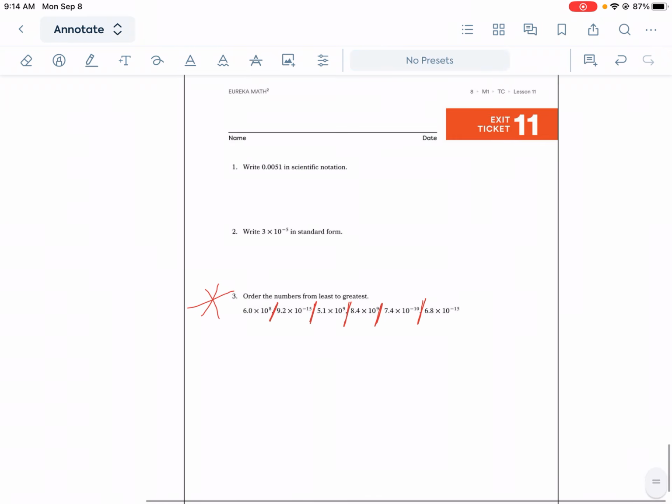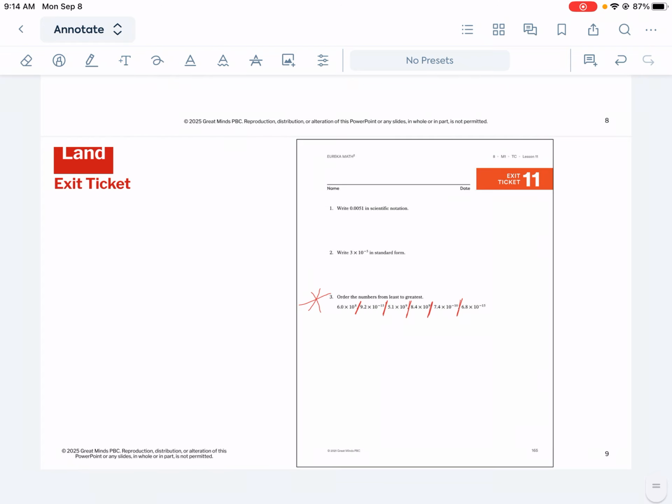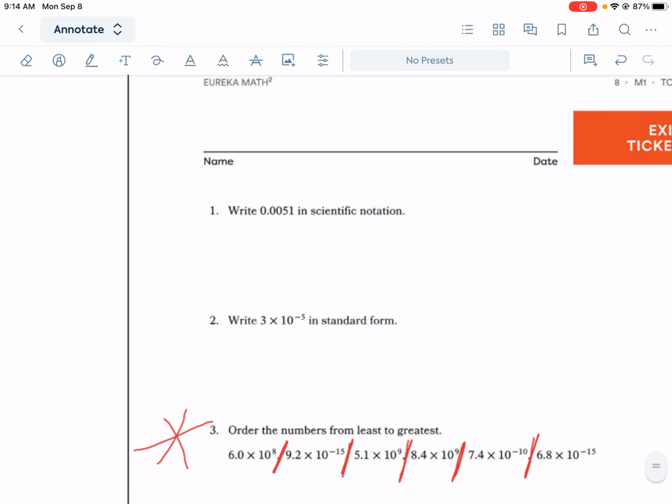Okay? Also, your criteria for success, meaning if you just want to get an A on this, all you need to know how to do is take a decimal number, a small decimal number, that's what this is, and put it in scientific notation. But you also need to know how to take it out of scientific notation, put it back in standard form. All that means is it's still a decimal number.